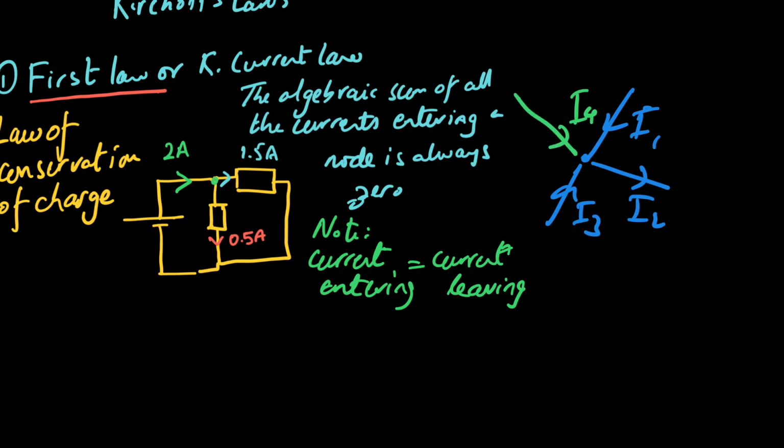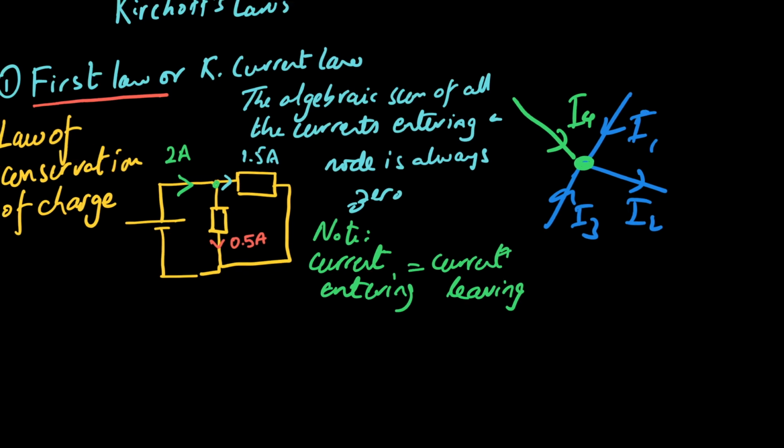And they'll say apply KCL or the first law. Again, current entering must be equal to current leaving. So you can say that I3, I1 and I4 are entering and I2 is leaving. So I1 plus I4 plus I3, current entering, is equal to I2, current leaving. That is the answer. So that's all with Kirchhoff's current law.